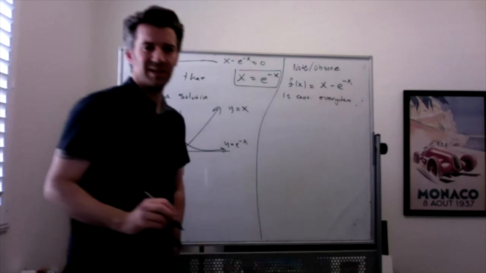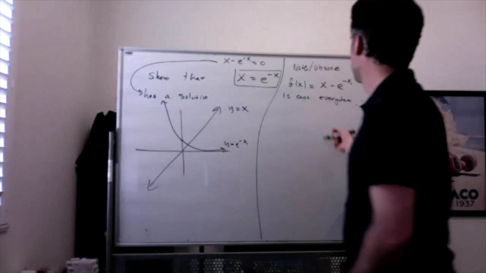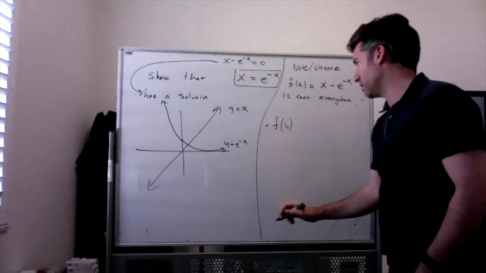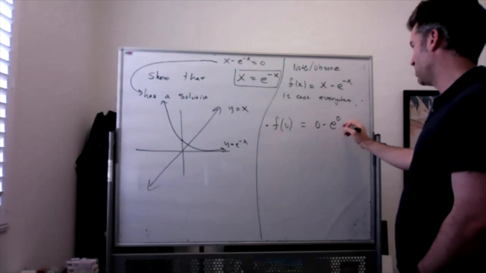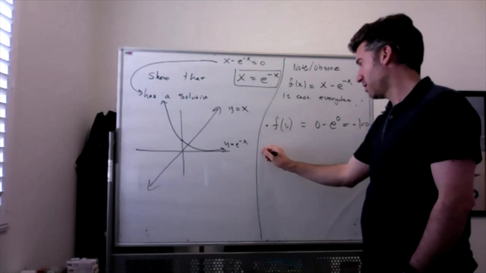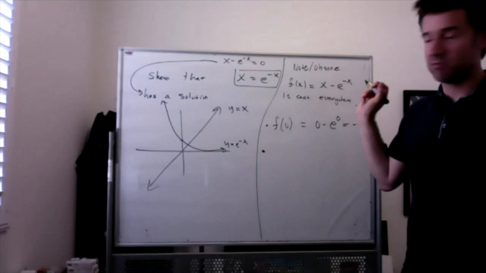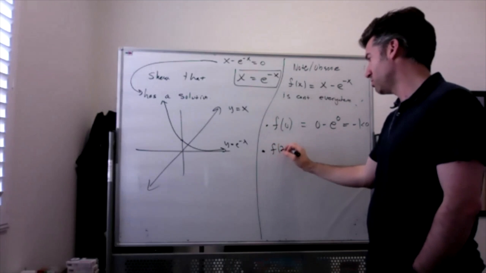Oh, I was going to do an example where it wasn't continuous everywhere. Oh well, I didn't do that next. Okay. Also see that f of 0 is 0 minus e to the 0, which is negative 1, which is negative. And I don't know how big I have to go for this next one. You could try f of 2.